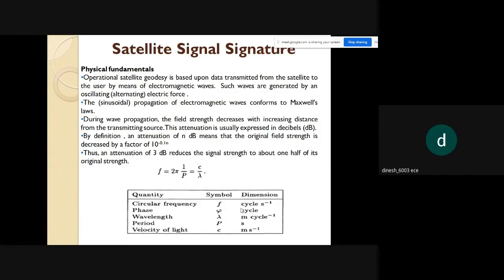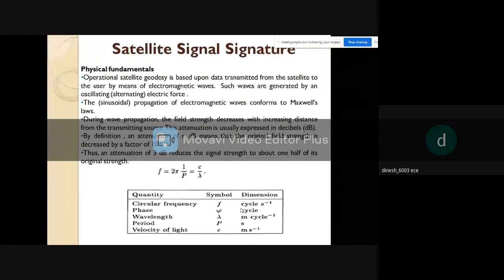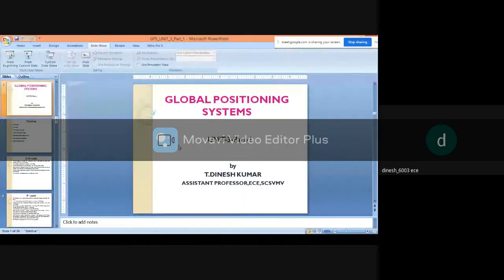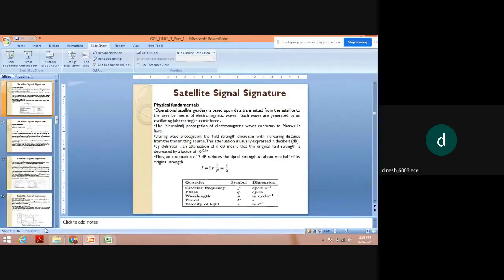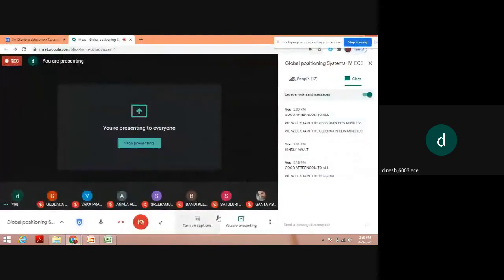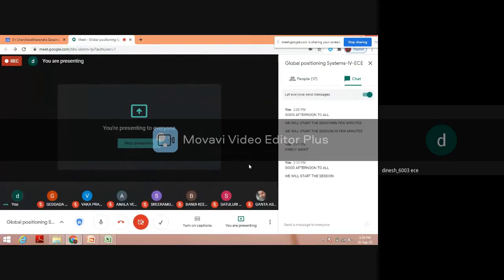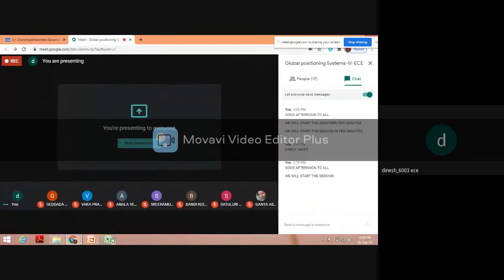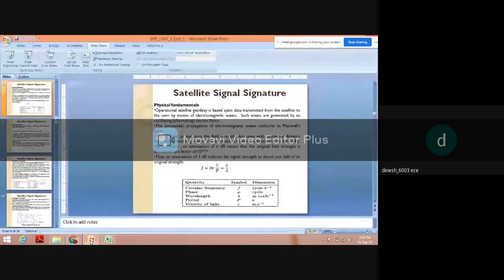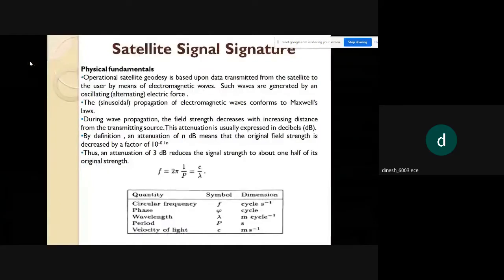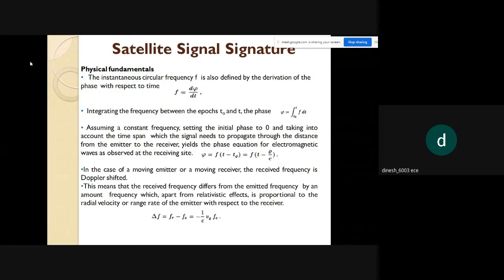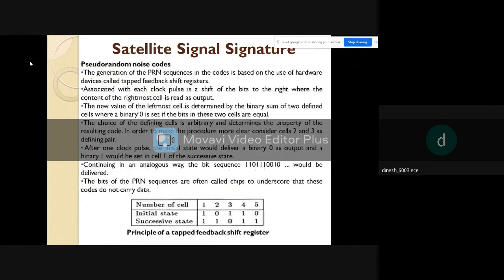Next topic is your satellite signal structure. The satellite signal structure is divided into three parts.